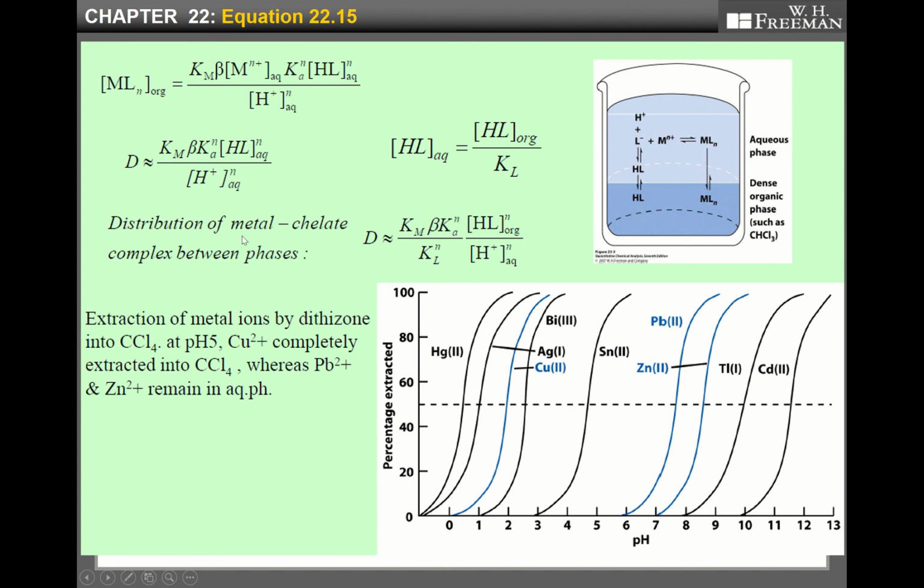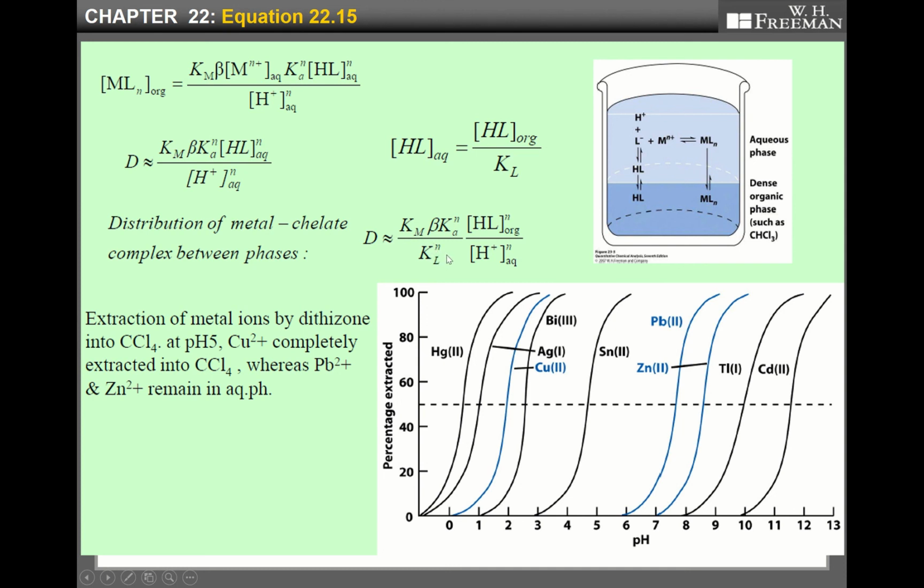So the distribution of the metal chelate complex between phases, which is D, equals Km multiplied by beta and multiplied by Ka to the nth power divided by KL to the nth power.